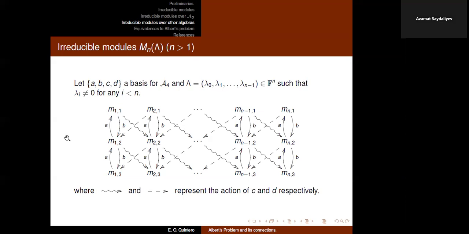This gives us an irreducible module for the algebra of dimension 4. Note that here we have the irreducible module of dimension 3 for the zero algebra of dimension 2. In this case, the algebra is defined by A and B. And we need the elements C and D to go to the right and the left.